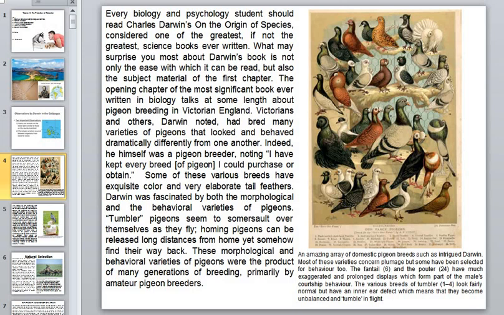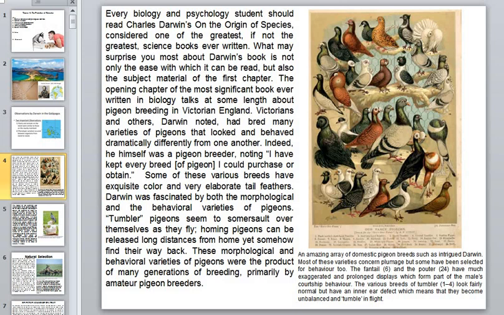And Darwin was fascinated by both morphological and behavioral varieties of the pigeons, and he said that tumbler pigeons seem to tumble over themselves as they fly. Homing pigeons can be released a long distance from home, yet somehow find their way back.